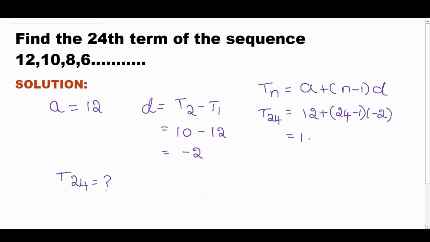So we have 12 plus 23 into minus 2. We get 12 plus, into minus, 3 twos are 6 and 2 twos are 4, we get 46. On subtracting, 12 minus 46, we get 34, and you have a greater number with the sign negative there. In the answer also you get negative. Therefore T24 is minus 34.